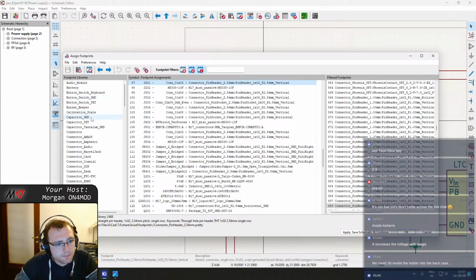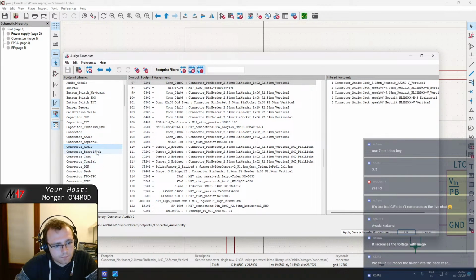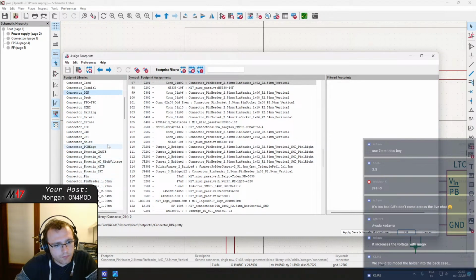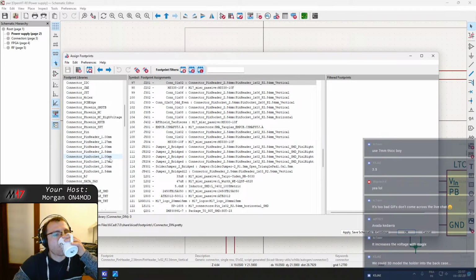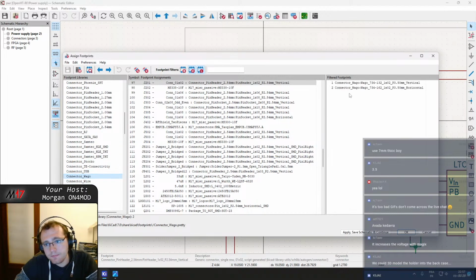Okay. Connector tin. No, it's not that one. I'm pretty sure they have.